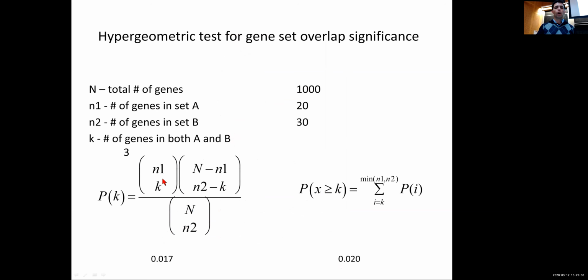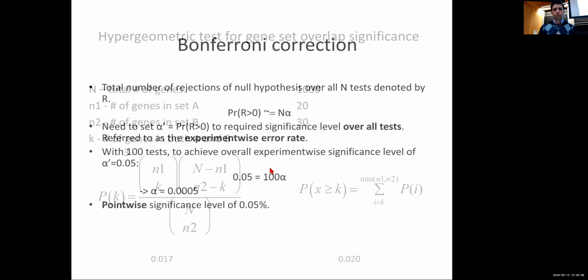It basically says how many genes for that particular gene set were differentially expressed, how many were not differentially expressed, and how many would I have expected by chance given the overall size of sets A and B. And this is basically simply adding up anything that's greater than this counting distribution of what are all the ways of sampling N2 from a total number of endpoints, all the ways of sampling K elements from a subset of N1 points, and of course, N2 minus K, which is the remaining elements sampled from the remaining of that set. Okay, and that's sort of what you saw already. So we're not going to spend too much time on that.